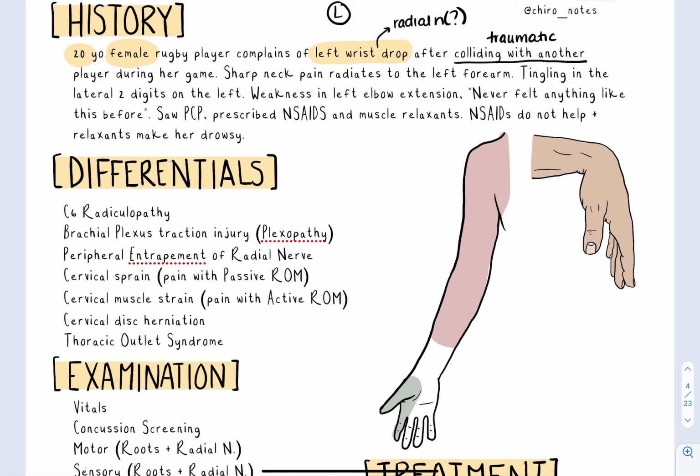So, what are some things? A C6 radiculopathy. Remember C6, and we're going to talk about this in another video when we talk about radiculopathies, but C6 is going to come down on the lateral aspect of the elbow, into the thumb, and into our pointer finger. So this is that pattern.